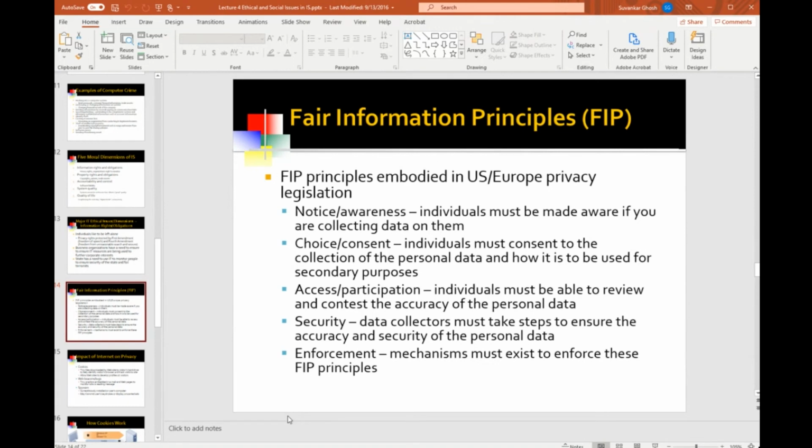profiling. Okay, could we extend this to the state and federal government then? These principles, as far as the state and federal governments go, for example, if you look at the Patriot Act: in the age of terrorism, the Patriot Act was made into law, and that does not require consent, which is very understandable because they're trying to prevent terrorism.